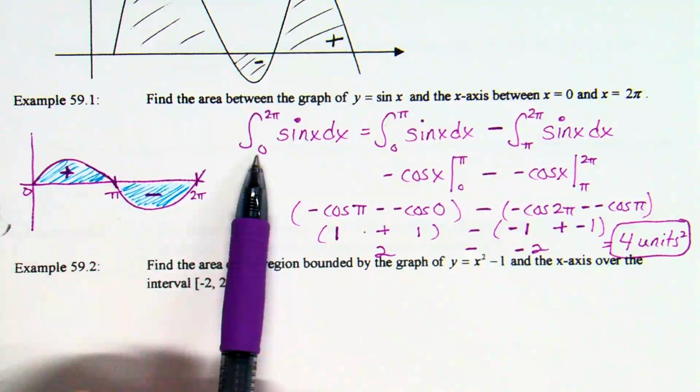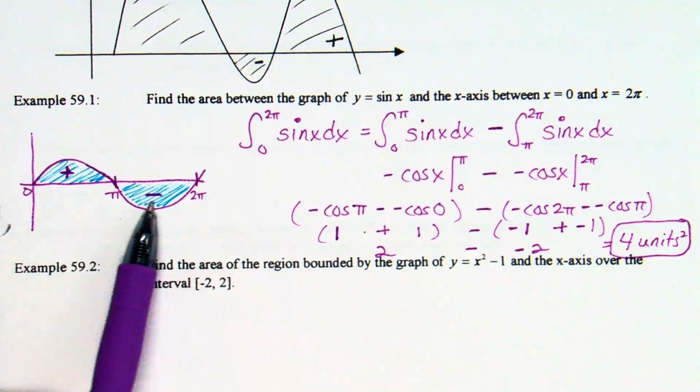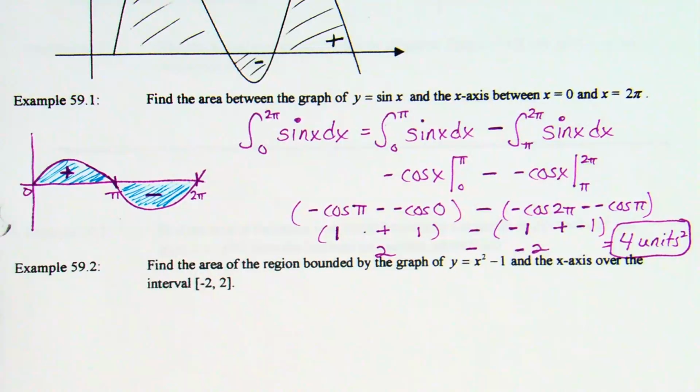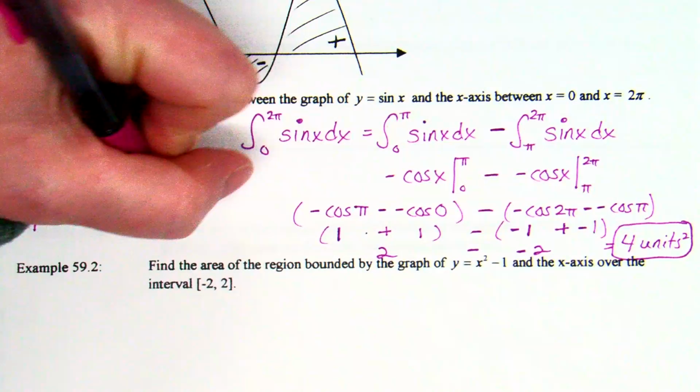Okay, so if we had just done from 0 to 2 pi, it would have ended up 0, because if we'd added these two pieces, a positive and negative would have canceled. But because these are symmetrical, I don't know if it's a shortcut or not, to me it seems a little shorter: we could just do 2 of the positive one.